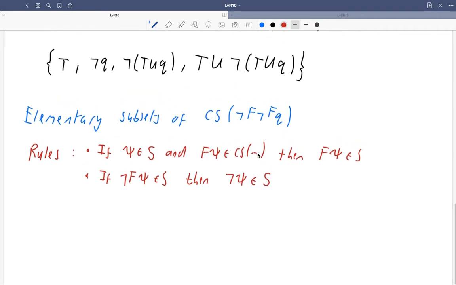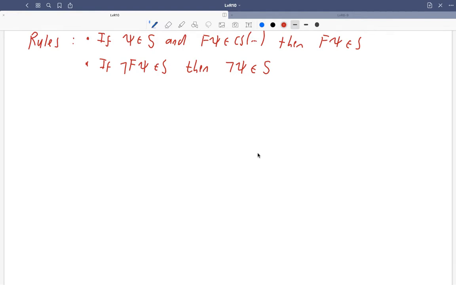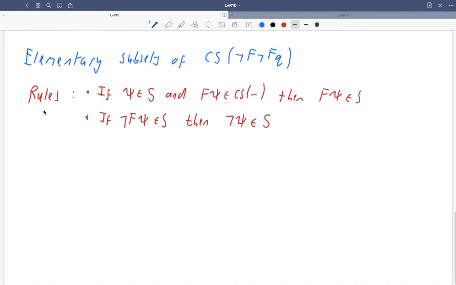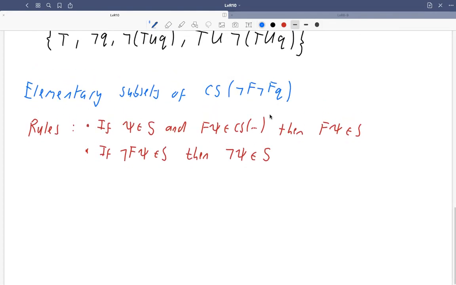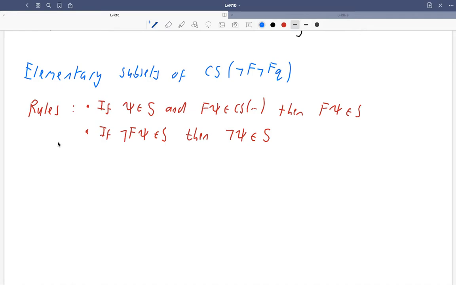And using these rules, we can work out the elementary subsets of the complemented subformulas directly. And so, for example, if we start off with Q being true, then F of Q is forced to be true, and we can have then that.